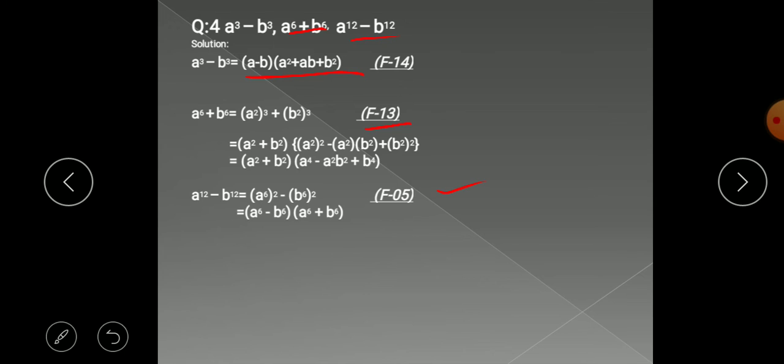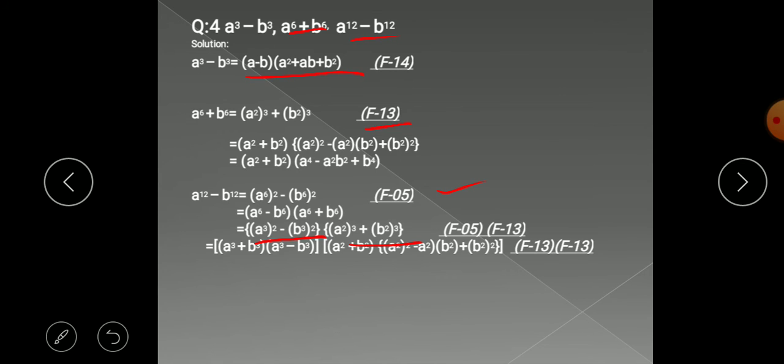Okay, now after this again we will transform it according to formula number 5. The first term I have written down here in the form according to formula number 5, and the second term according to formula number 13. So we have done the transformation according to formula number 5 and 13, and then we have found its factors.